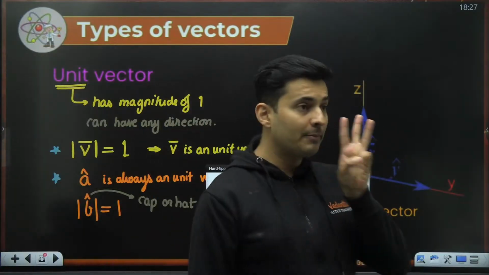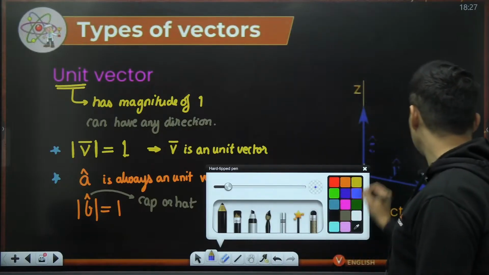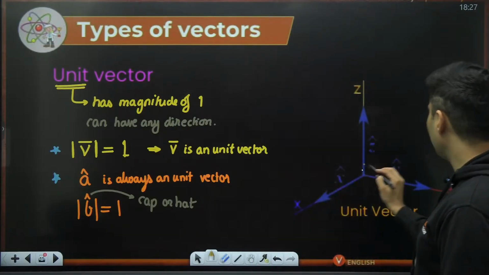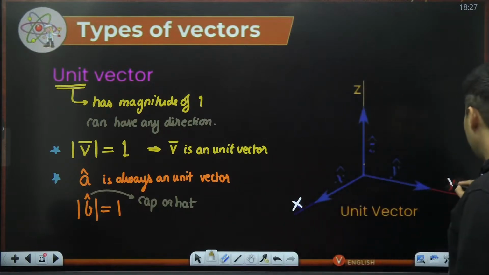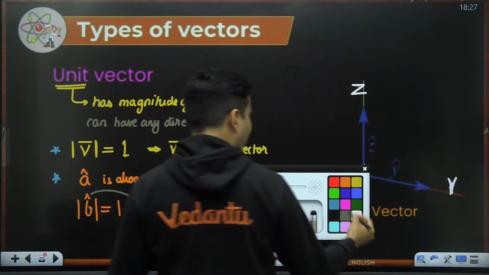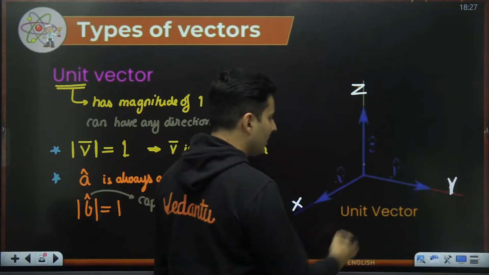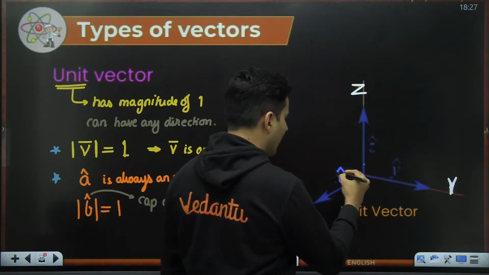But there are 3 special unit vectors which we have in physics. Can you see over here? This is basically, for example, the x-axis. Let's say this is the y-axis. And let's say this is the z-axis. A unit vector in the direction of the x-axis is called i cap.